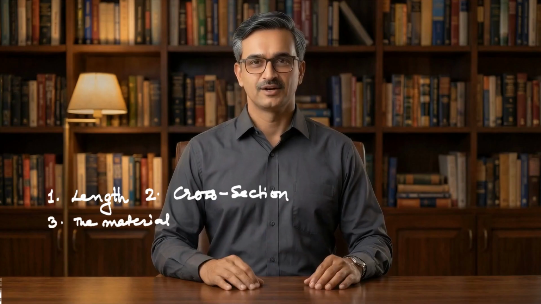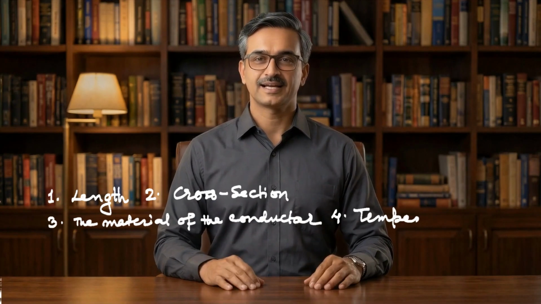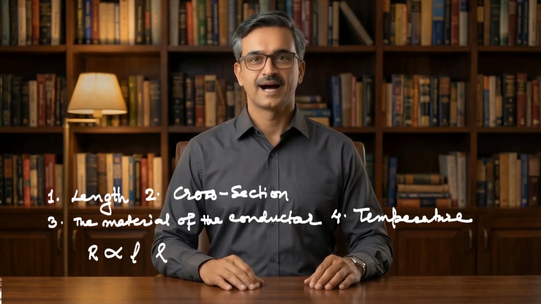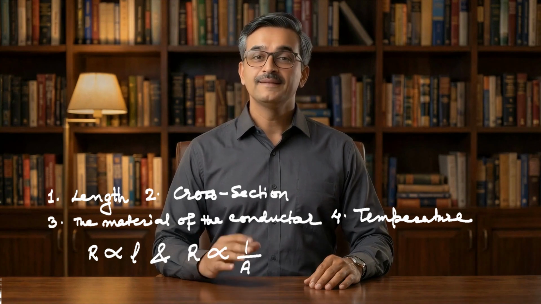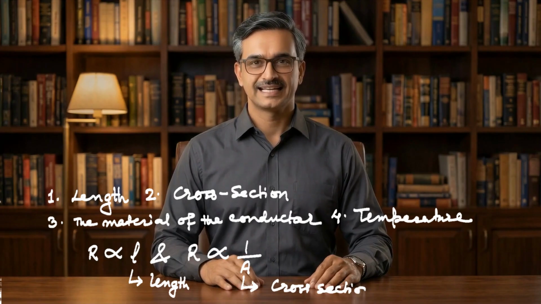So, the resistance of a conductor mainly depends upon four factors. One is its length, two is its cross-section, three is the material of the conductor, and the fourth one is an external factor, that is, temperature. So we can say that R is proportional to L and R is proportional to 1 by A, where L is the length of the conductor and A is the cross-sectional area.